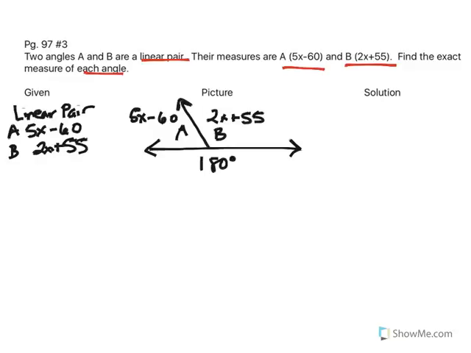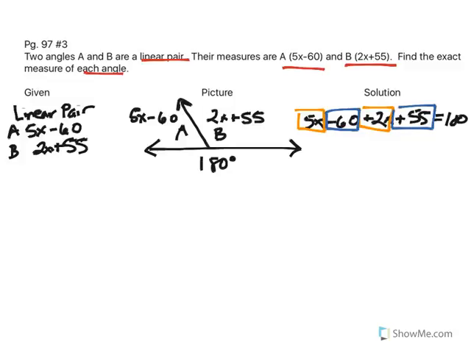Okay? So I get 5x minus 60 plus 2x plus 55 equals 180. Okay, so let's combine like terms. We have our 5x and our 2x, and we are going to be left with 5x plus 2x is 7x.